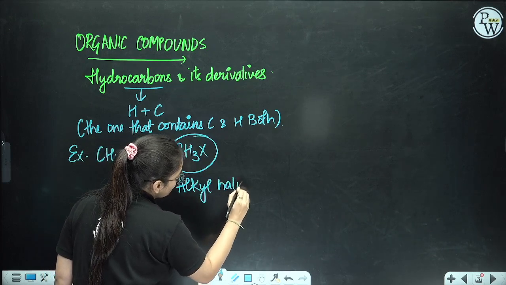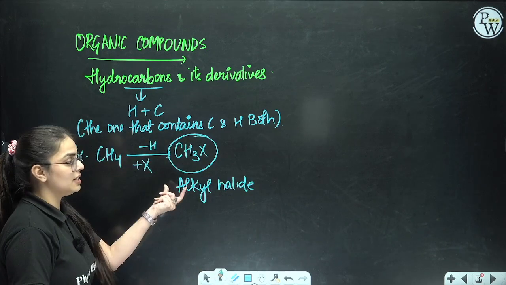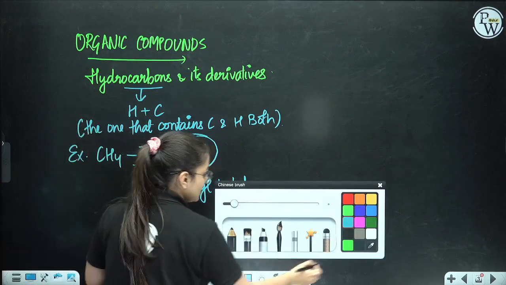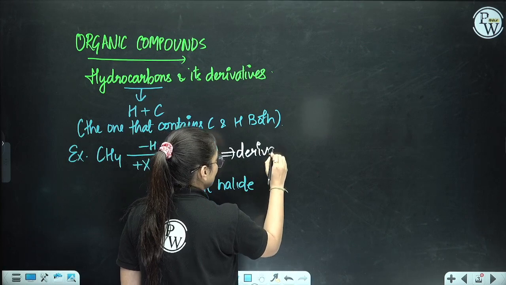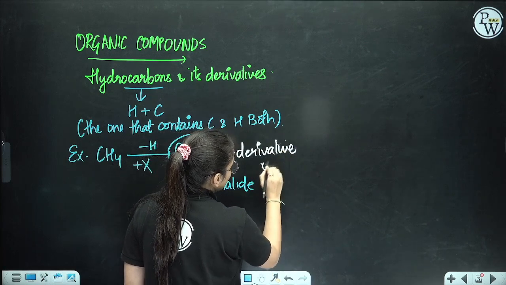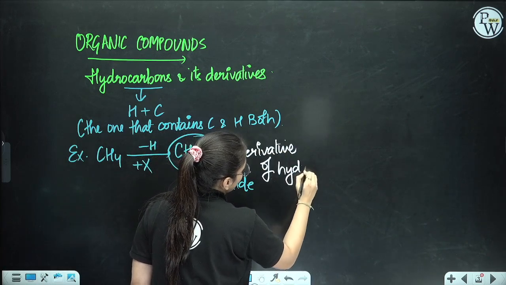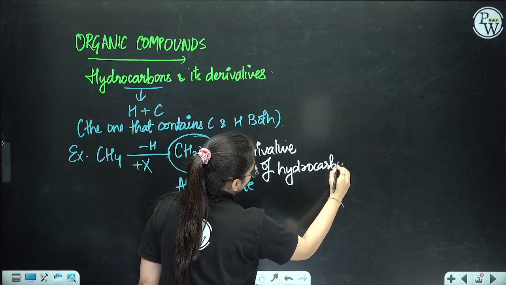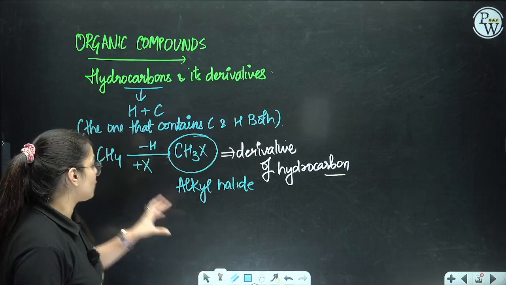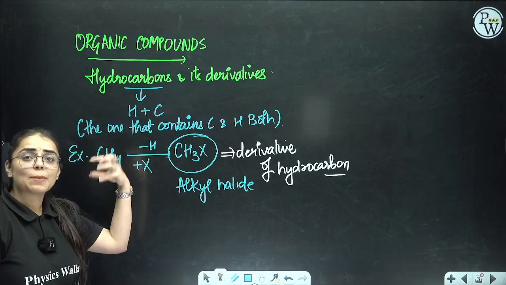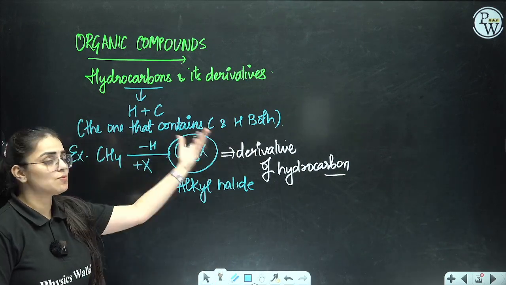Alkyl halide is a derivative of hydrocarbon. Derivative means something you can derive from. If I remove one hydrogen and add some other group, this becomes a derivative.